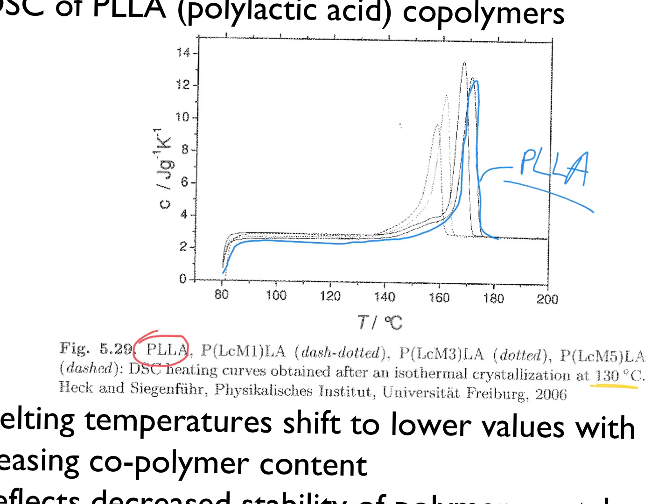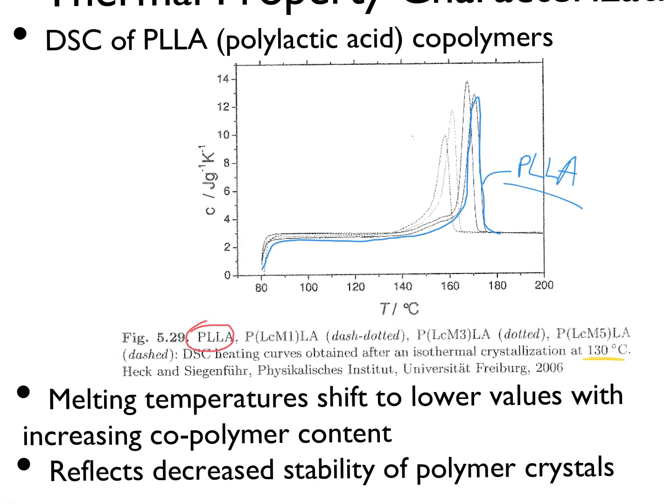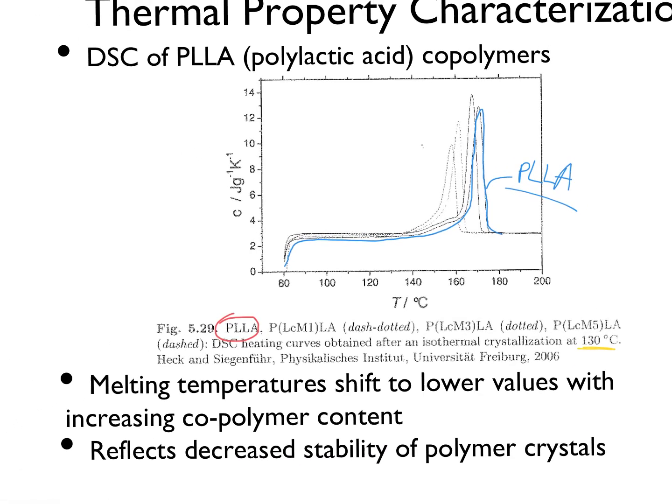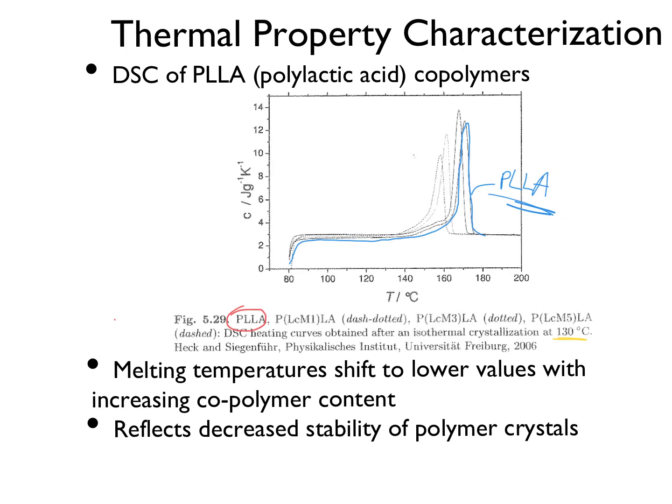And so what we see as a result of that, first we start with the PLA alone. All right, and then we start blending it with, as it says here, increasing copolymer content. And these copolymers are not pure PLA, it's PLA and something else. You should realize that when we do that, we start adding defects in the crystal structure.